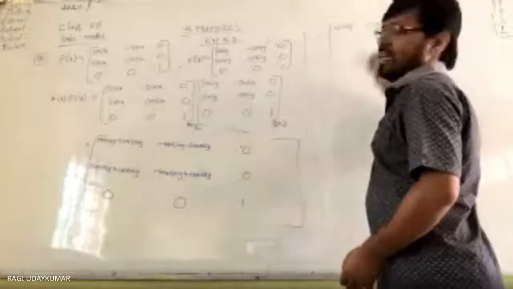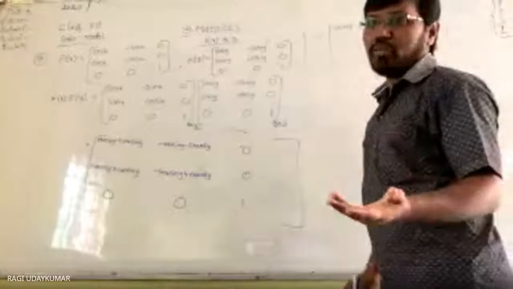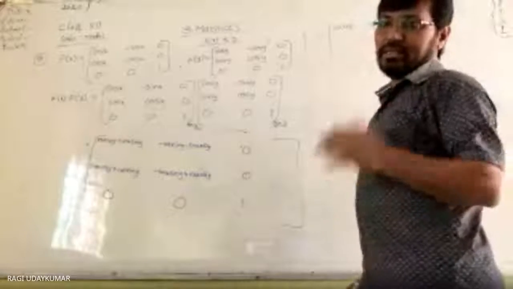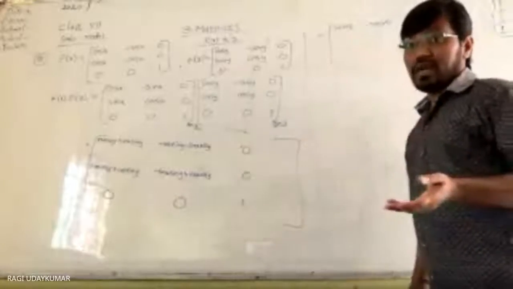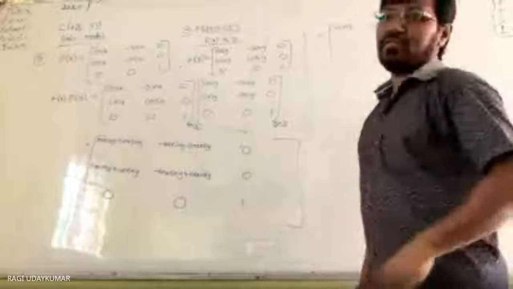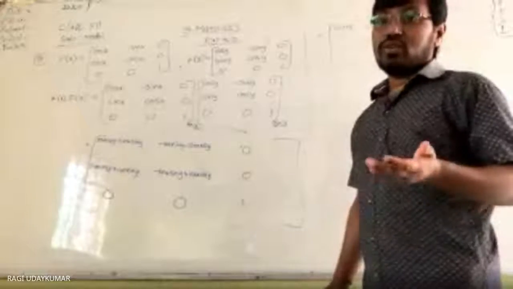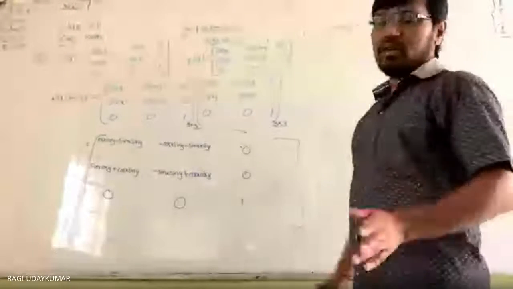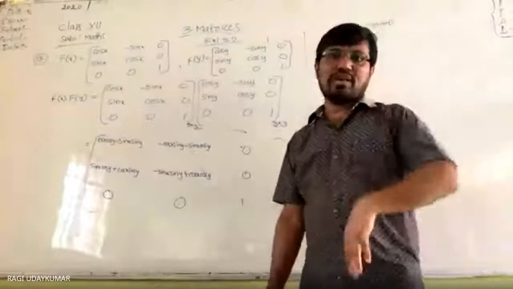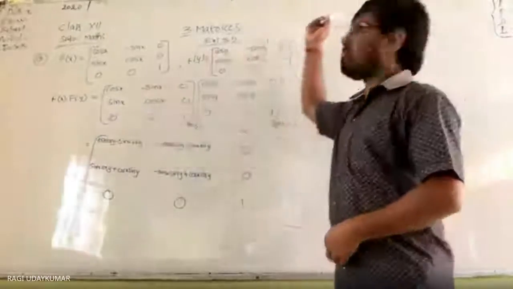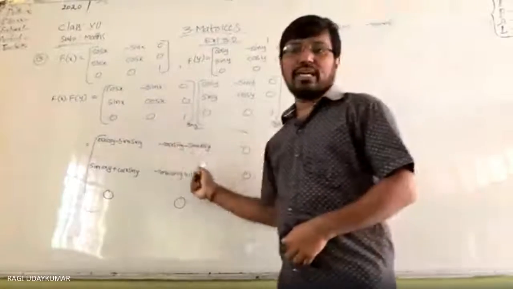Try to recall the sin a plus b and cos a plus b formulas. Sin a plus b is equal to sin a cos b plus cos a sin b. Cos a plus b is equal to cos a cos b minus sin a sin b. Cos a minus b is equal to cos a cos b plus sin a sin b; with the minus in the formula, the plus comes. So then you will get this, and here you take minus common.